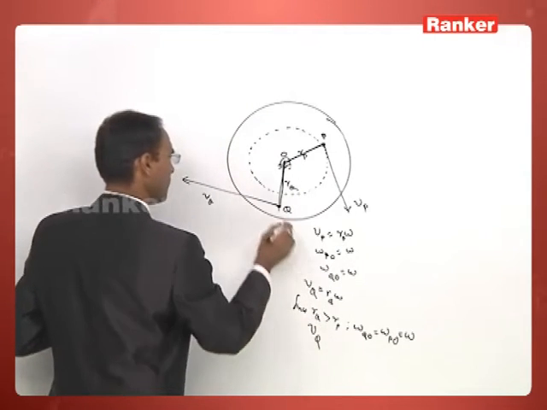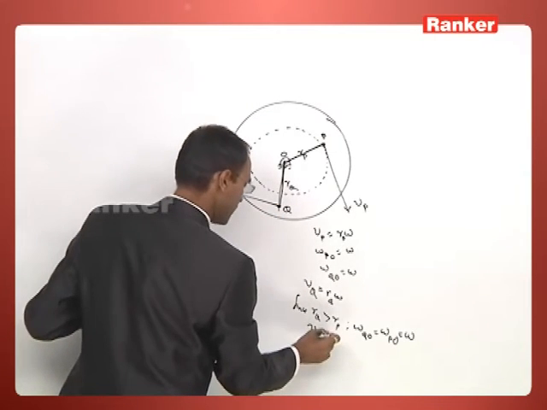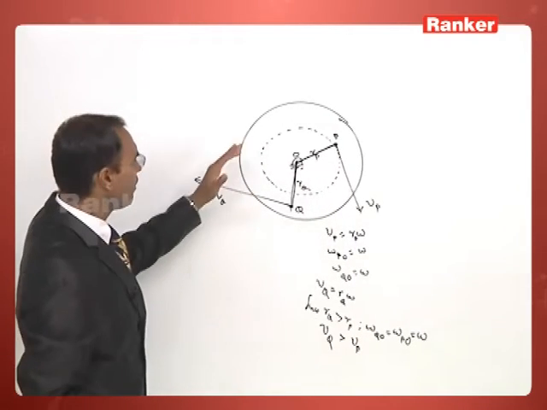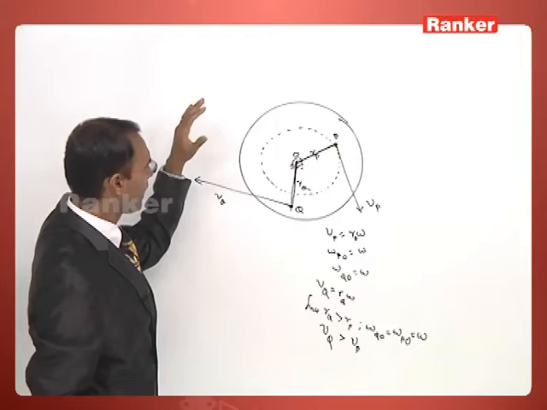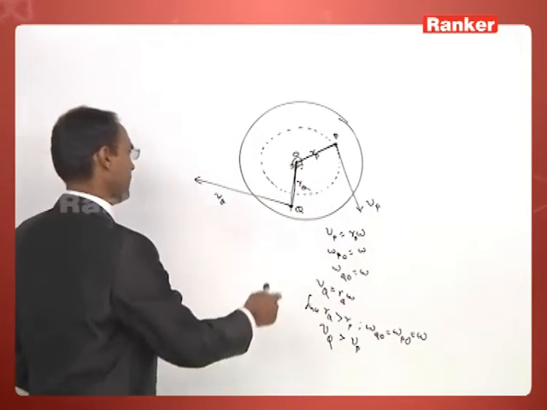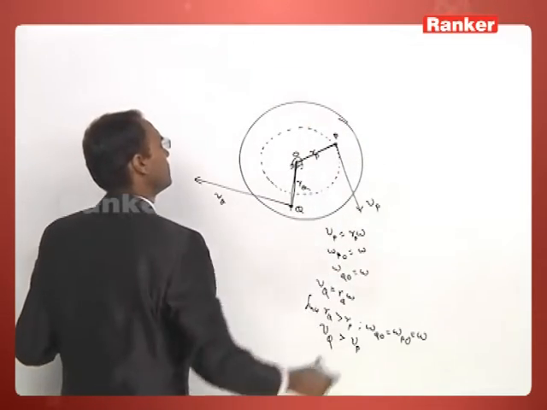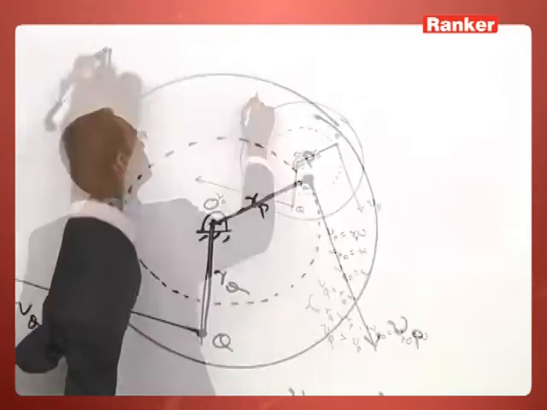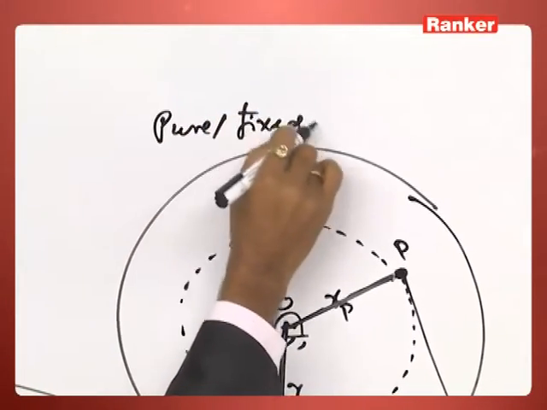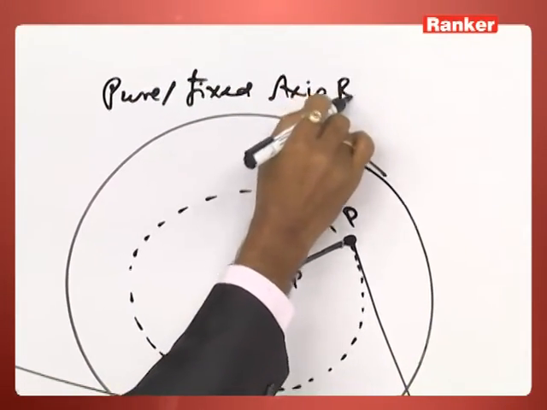Definitely, the velocity of this point Q is greater than the velocity of this point P. So, the points which are farther from the axis will move more rapidly. That's the point here for pure or fixed axis rotation.